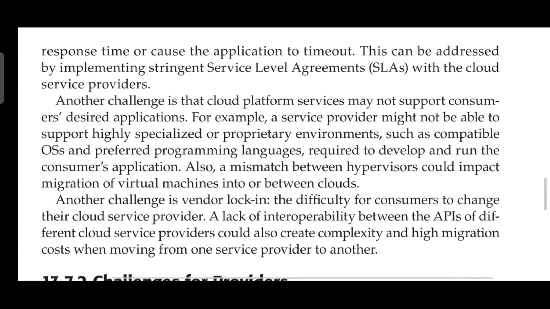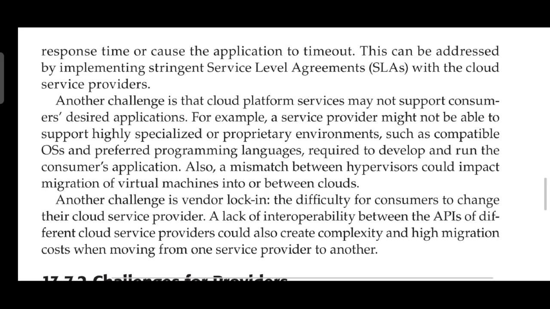Another challenge is that cloud platform service may not support the consumer's desired application. For example, a service provider might not be able to support a highly specialized or proprietary environment, such as a compatible operating system and preferred programming languages required to develop and run the consumer application.